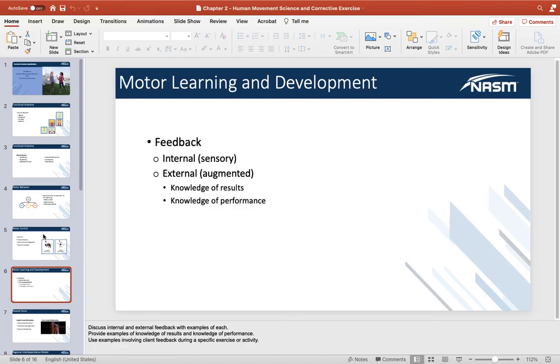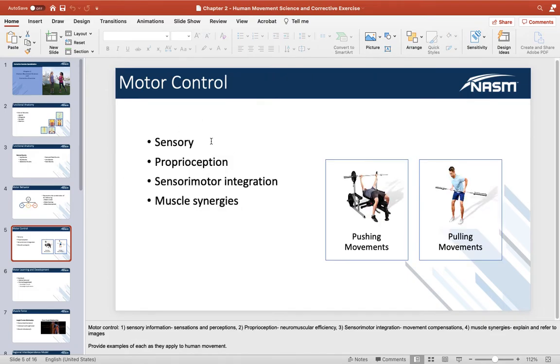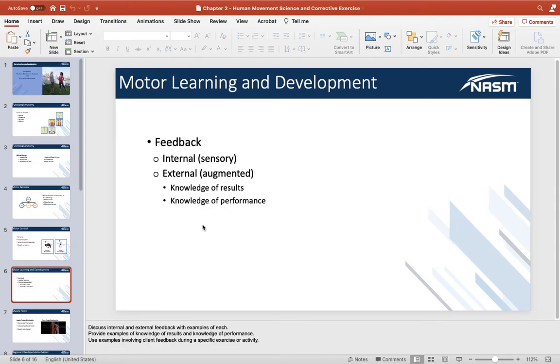If you think about it from the motor control piece, we're sensing, we're propriocepting, then we're integrating our muscles to create a movement of all of those muscles that are involved. So with a lunge, say you have someone who's coming back from an injury, and they're working with you, and they step down with that front foot and they are really wobbly.